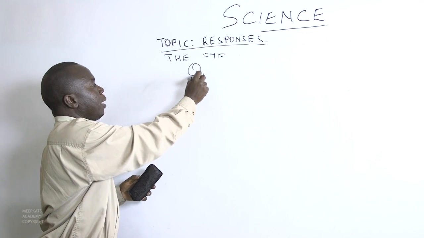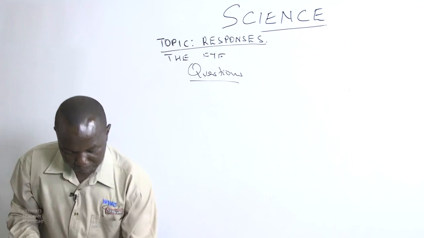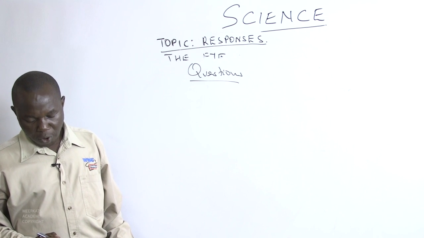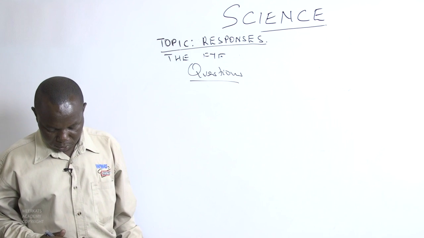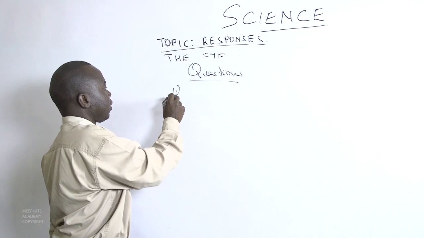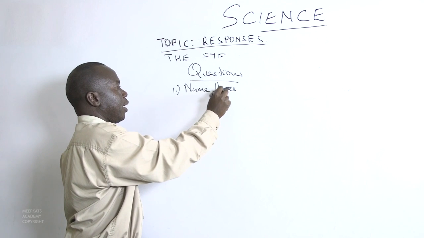So those are the major parts of the eye. Now we can recap the same using a few questions. One of the questions is: name three layers of the wall of the eye from outside.